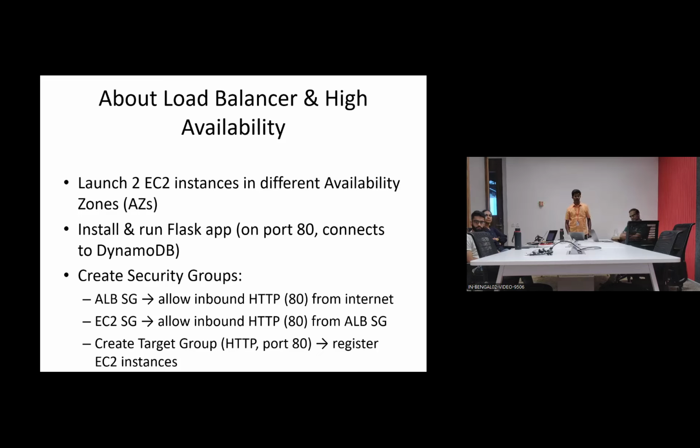The last step is the load balancer. For high availability, I have created an application load balancer with two security groups, the load balancer security group and the EC2 security group. Both will allow HTTP port.